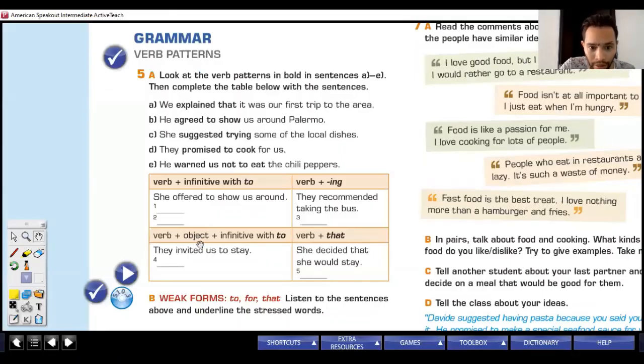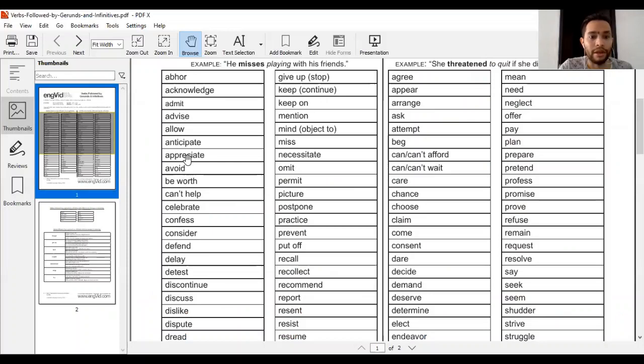Let's call it pattern number 3. Remember? Verb plus object plus infinitive with to. When you use an object in case of allow, then you can use infinitive with to, right? If you don't use an object, then you have to use the verb with ing, right? Now let me go back to the list.